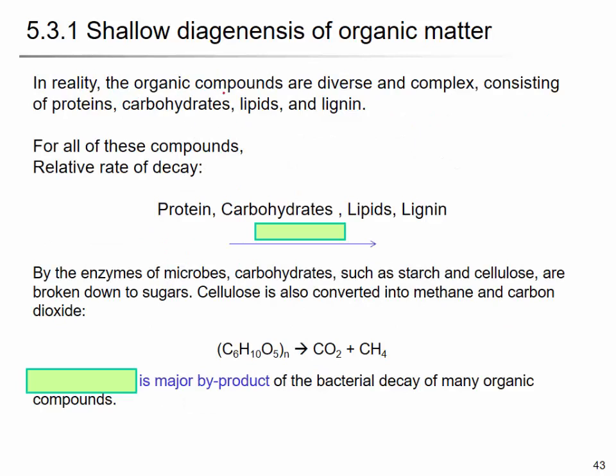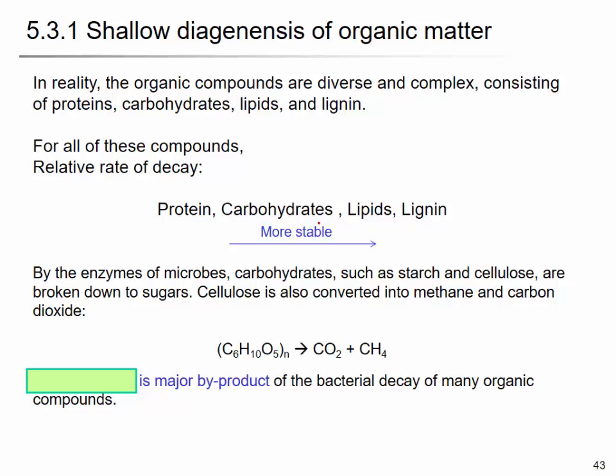And in reality, organic compounds are diverse and complex, consisting of protein, carbohydrates, lipids, and lignin. So they can decay, but protein decays fast, and lignin is the most stable, so it's a slow process.